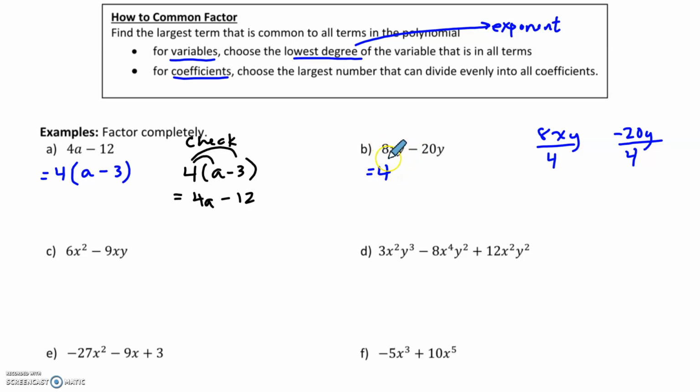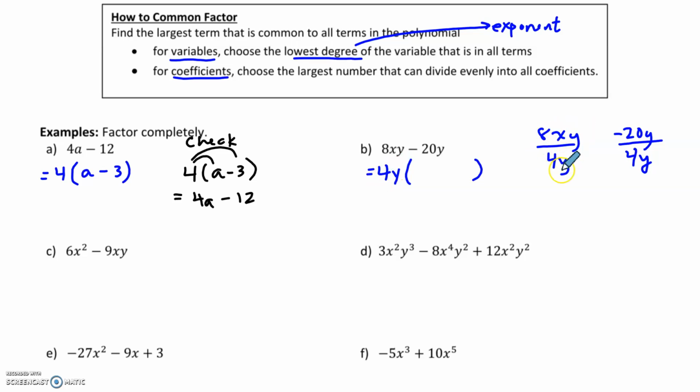Now we look for the variables. I have an xy in the first term and a y in the second term. What they have in common, they both have a y. So that is also what we're going to divide by. So we're looking for what is common in both. So now what we have to do is figure out what are the factors that result after I divide both terms by 4y.